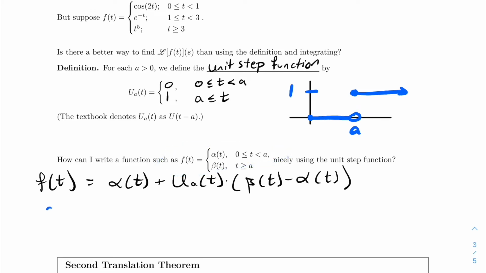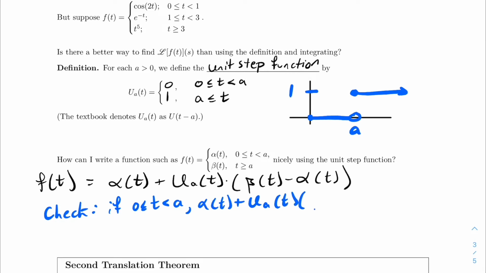And how do we check that? Well, if t is less than a, or I should probably say 0 is less than t less than a, then alpha of t plus u sub a of t times beta of t minus alpha of t.